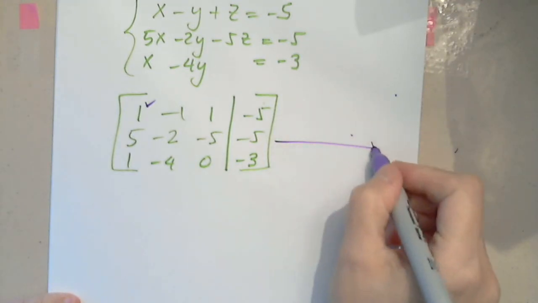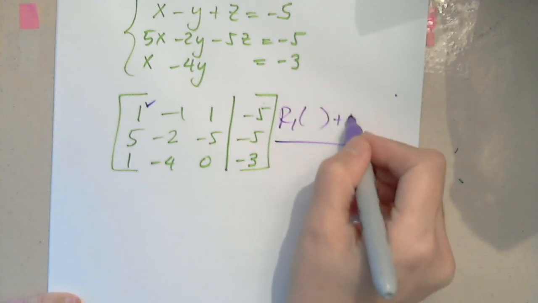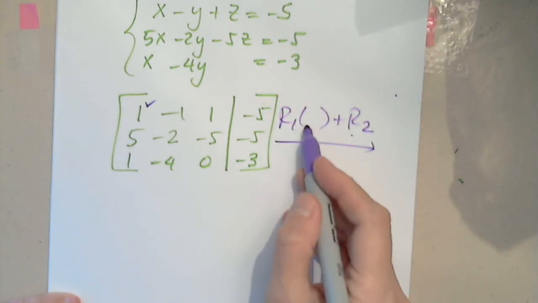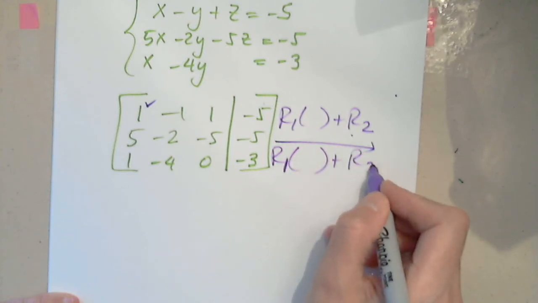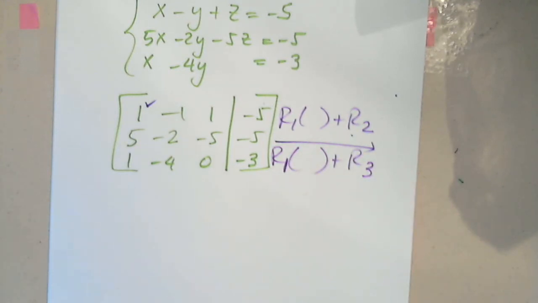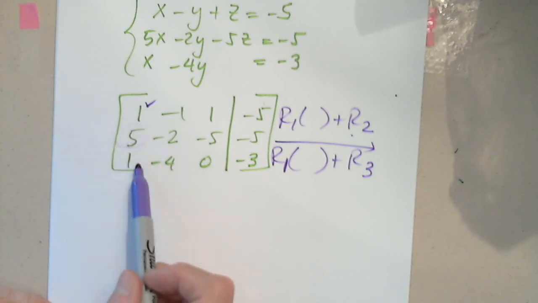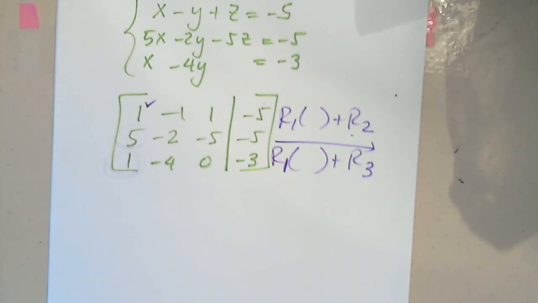So I can go ahead and use row 1 and add it to row 2 after I multiply by the appropriate number, and row 1 again and add to row 3. So the target is now to get a 0 here and to get a 0 here. After I get the 1 in the column, all I need is the corresponding zeros.